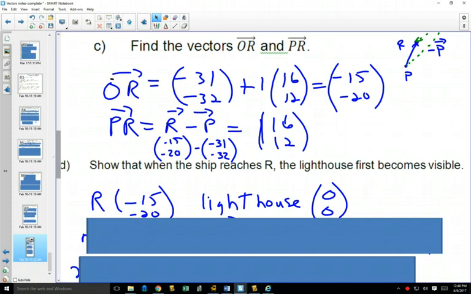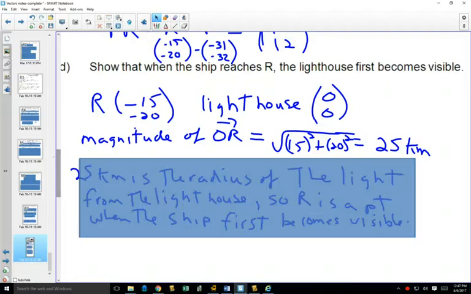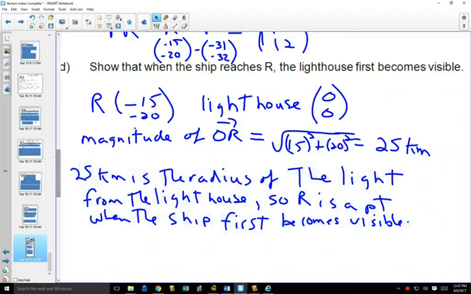If we figure out the distance between them, which is the same as the magnitude of O to R, we find that it is equal to 25. Since the radius within which you can see the lighthouse is 25, you can say R is the point where the ship first becomes visible.